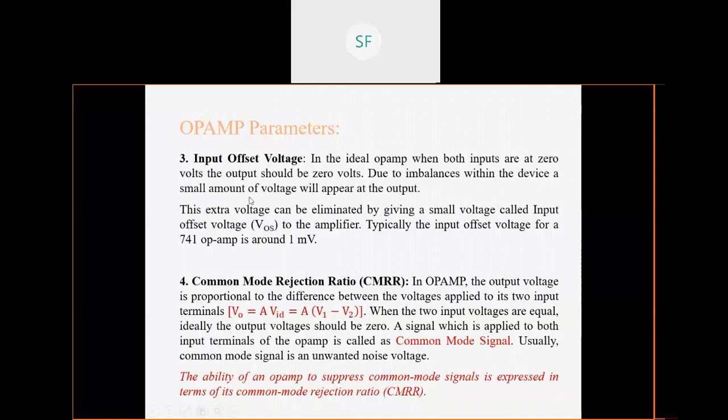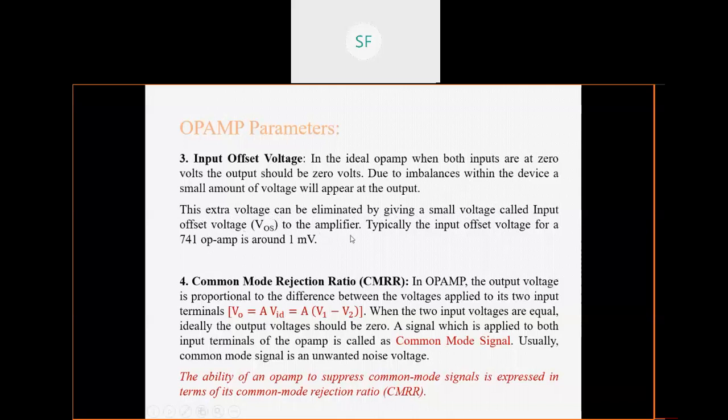This extra voltage is also called an error voltage. But we don't want that; when both inputs are 0, you should always get 0 at the output. This extra voltage can be eliminated by giving a small voltage, called the input offset voltage, to the amplifier.